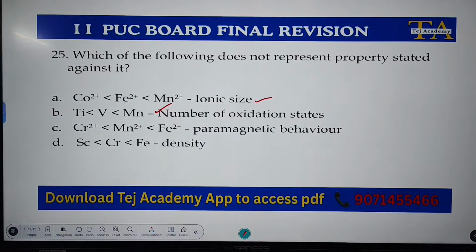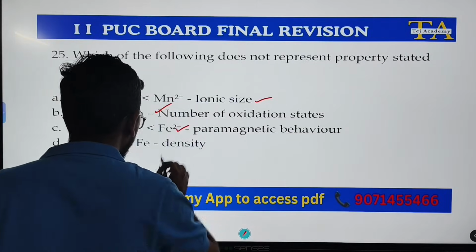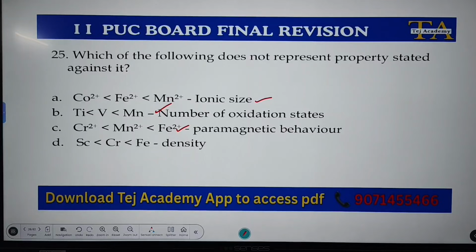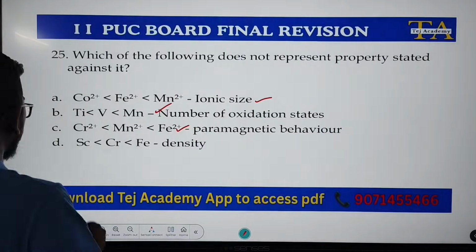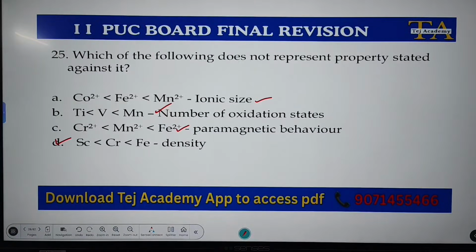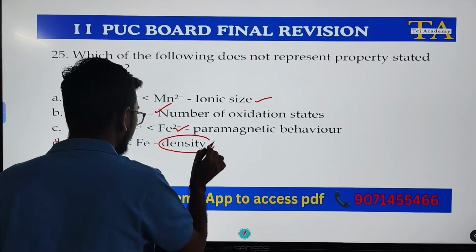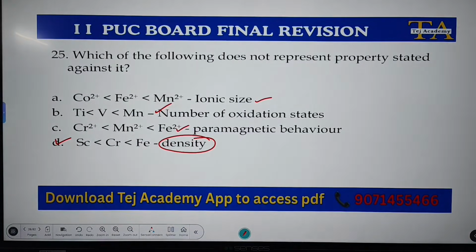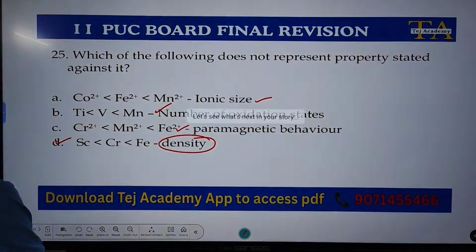Manganese is having the highest oxidation state. So for the third option, paramagnetic behavior, Fe2+ is having paramagnetic behavior. That is also correct. Now the fourth option is the wrong option. So scandium, chromium and iron. So regarding density, it is wrong. Okay. So which option is correct now? Option D is the right answer.